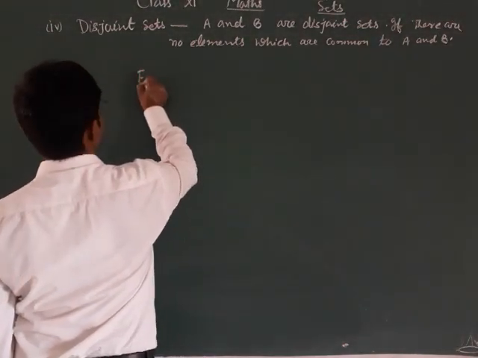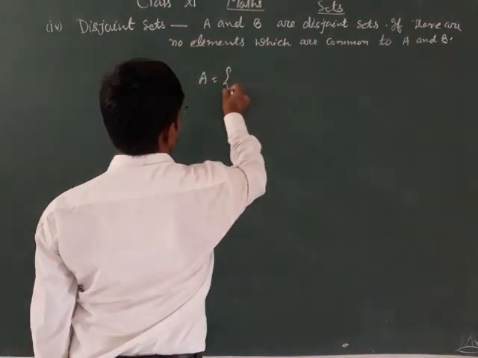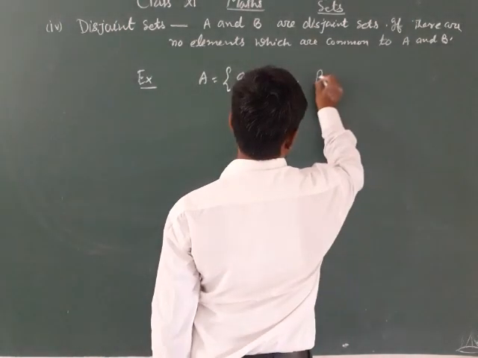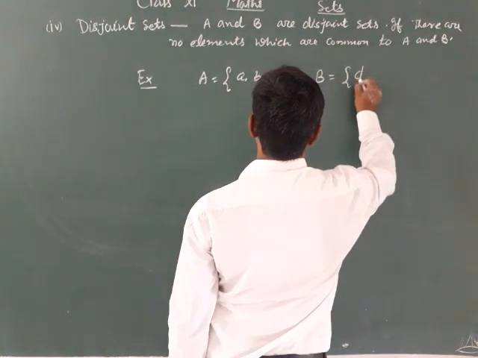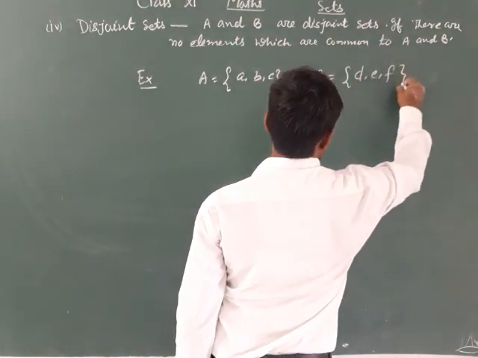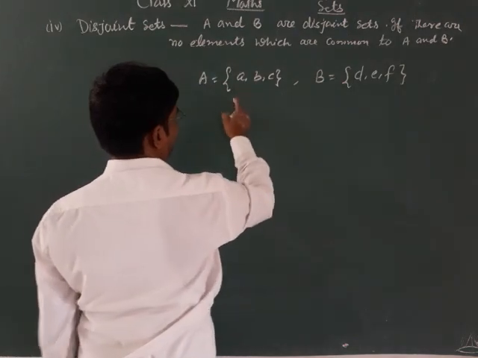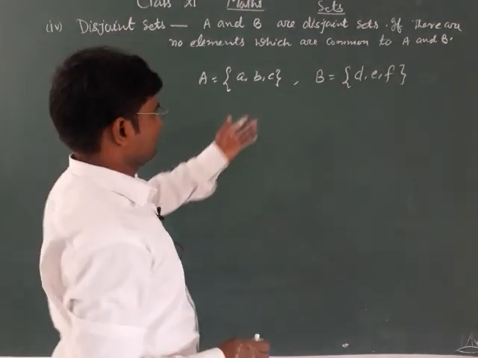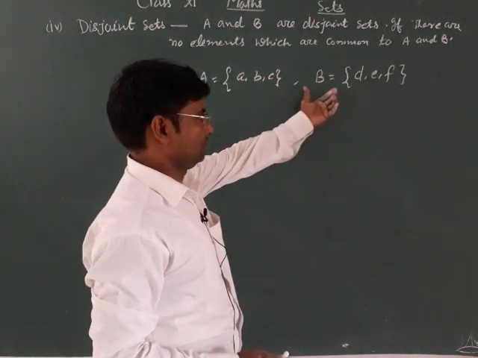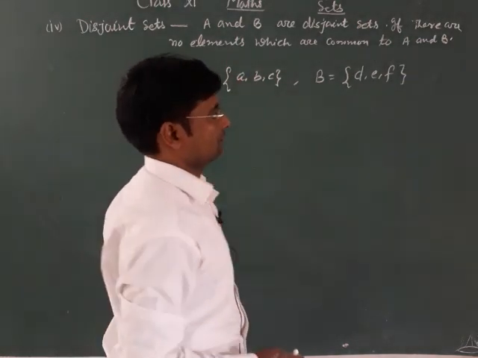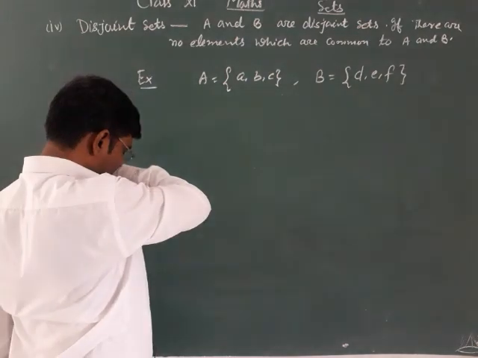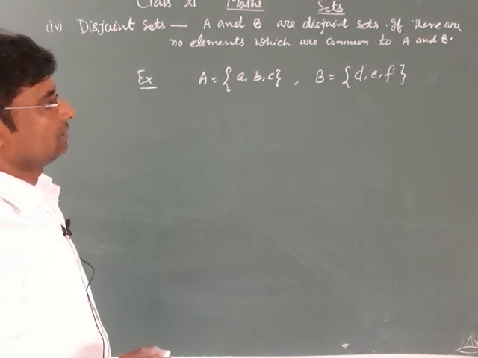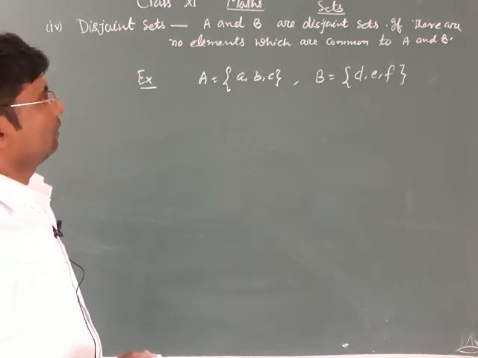For example, let A be the set with elements A, B, C and another set B equal to D, E, F. So A and B are disjoint sets because there are no common elements in set A and set B. We can represent this in a diagram.